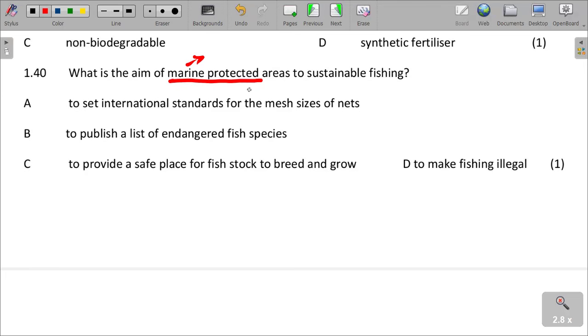We are talking about water protected area for sustainable fishing. In these areas, people are not allowed to fish. So it is giving fish a time or a season to reproduce and grow. So the answer is what? Is C.